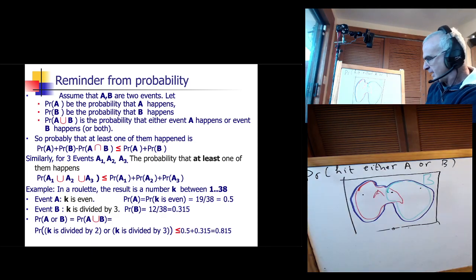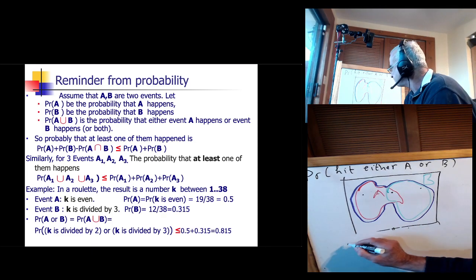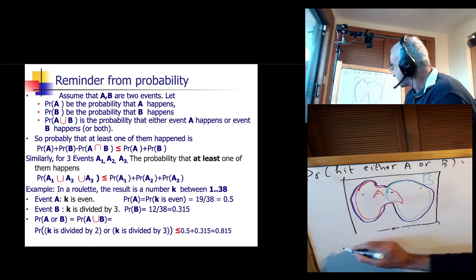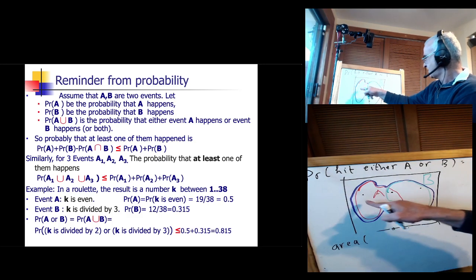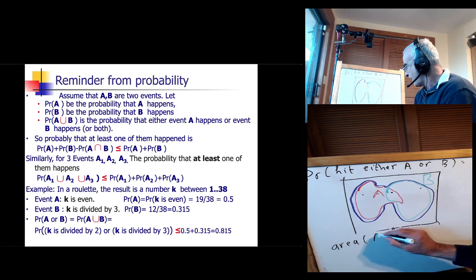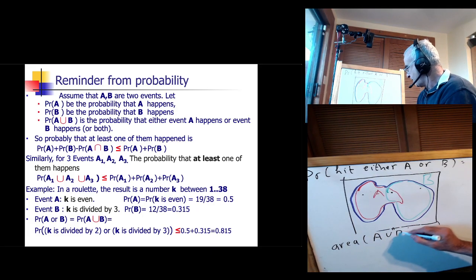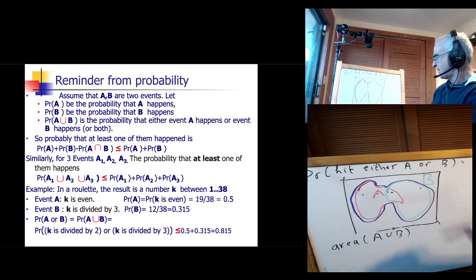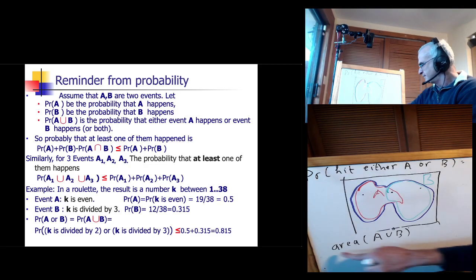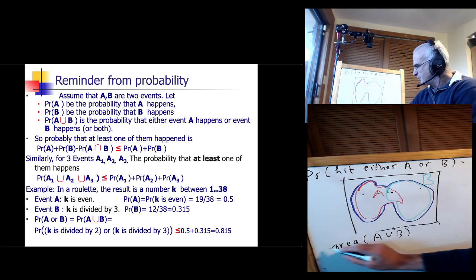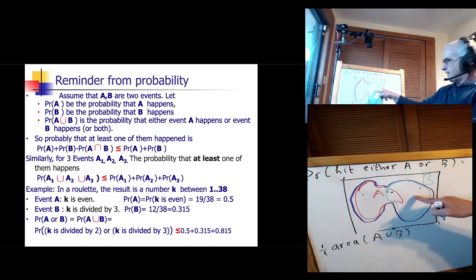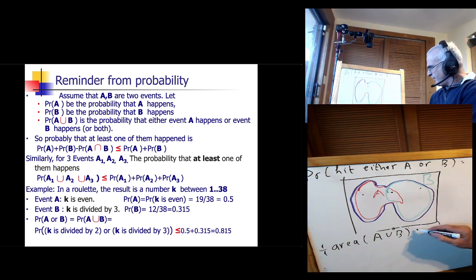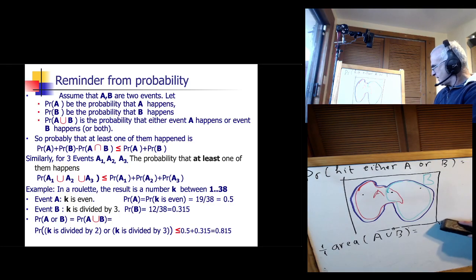I'm asking what is this area, just the area in square meters of A union B, the shapes that both A and B cover, divided by 1. Once again, it's 1 over 1 times the area of the union. And there is a formula that tells you what exactly this area is.